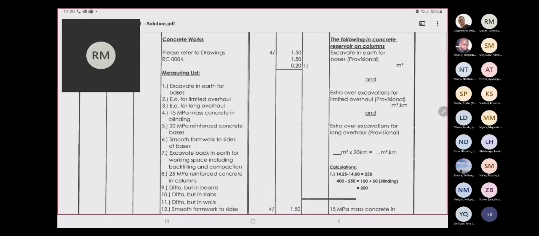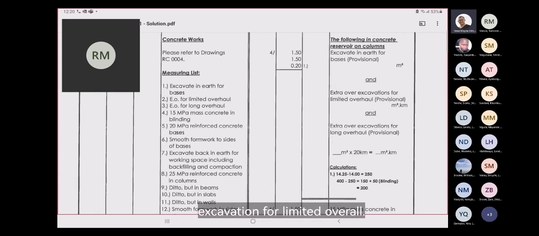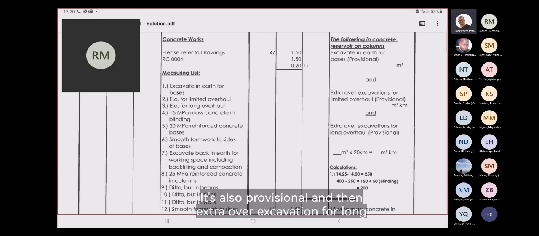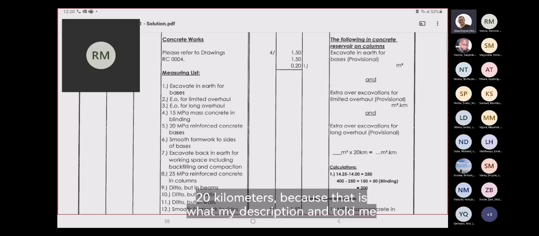Okay, so my excavating for earth in bases, and then extra over excavation for limited overall, which is also provisional, and then extra over excavation for long overall times 20 kilometers, because that is what my description had told me, how far I need to cart my excavated material.